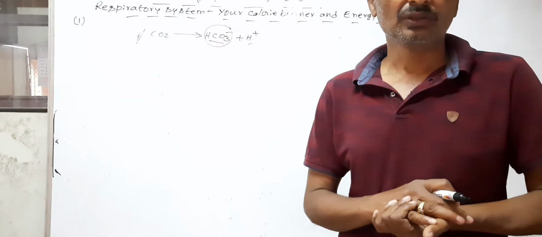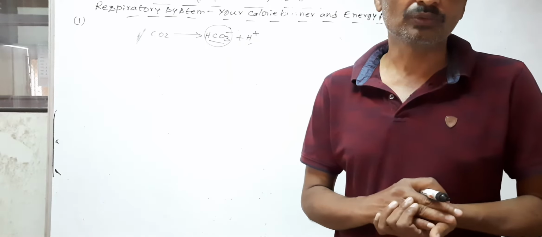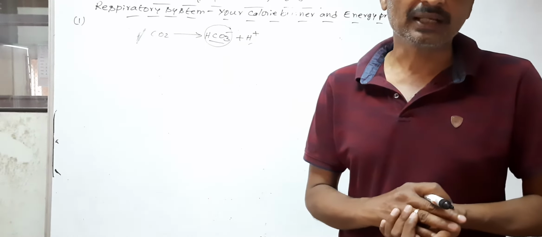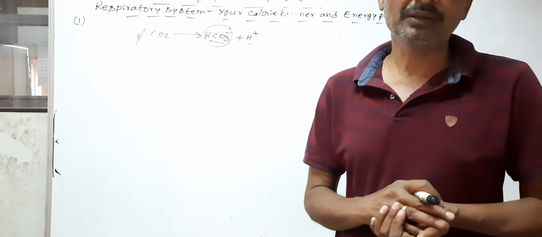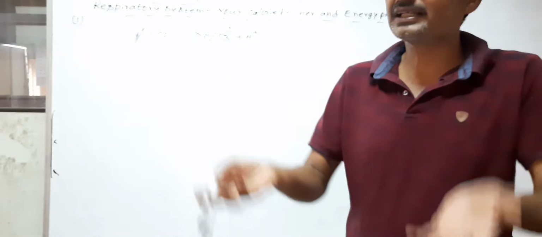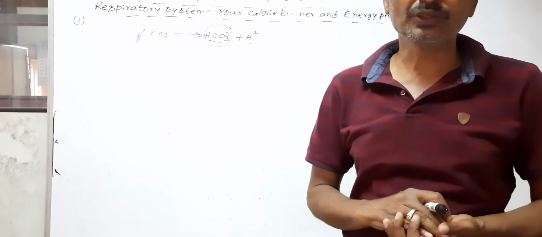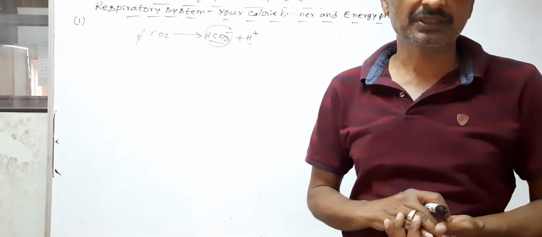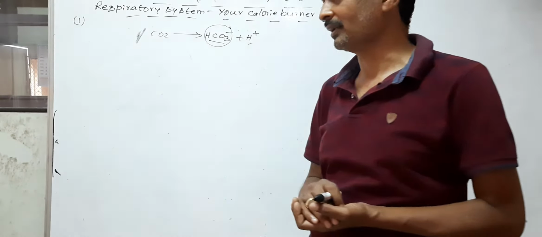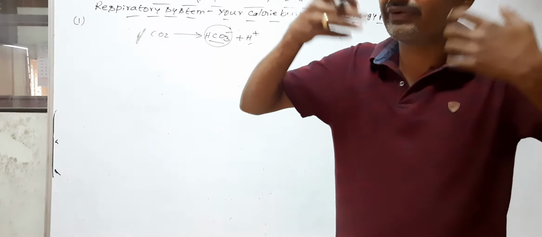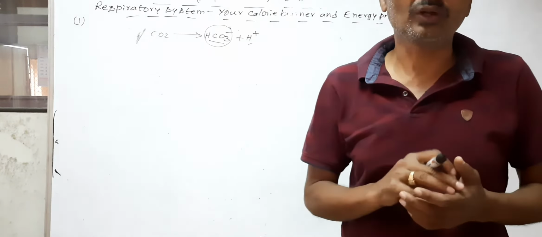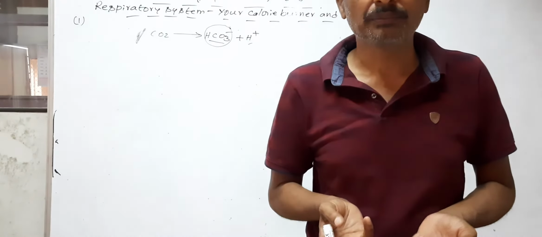Here medium means air or water. So in respiration, air is inhaled into the lungs and exhaled out of the lungs. This process is called breathing. Inhalation of air into lungs and exhalation of air from lungs to outside is called breathing.